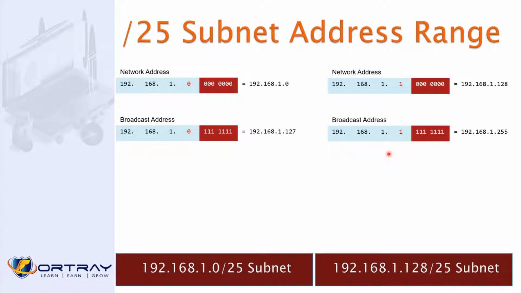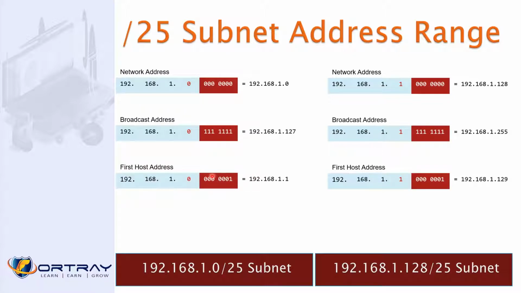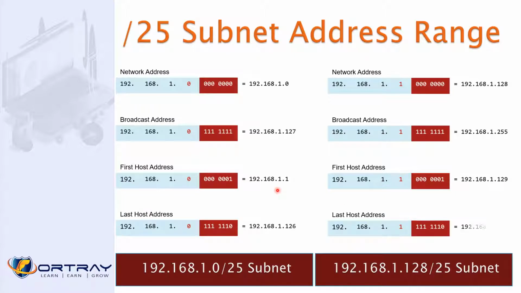The first host will be 192.168.1.1. On the other side it will be 192.168.1.129, because 128 is the network address of that network, and the last usable will be 126 and 254. So that is what you need to calculate.